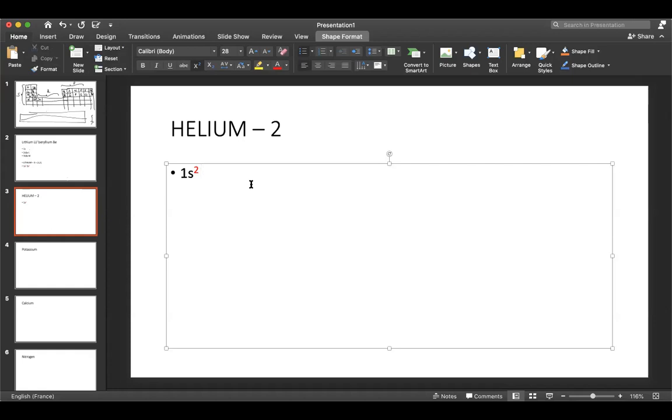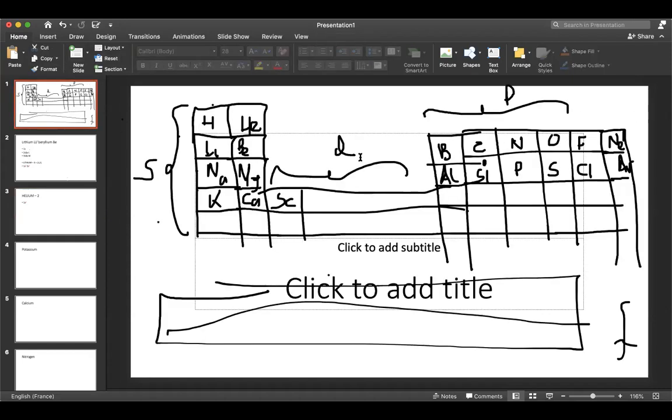On the periodic table, all noble gases occupy the maximum number of electrons. So it is for this reason that I moved helium from P to S. Now, this is how the configuration for the periodic table comes in.